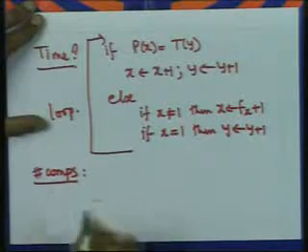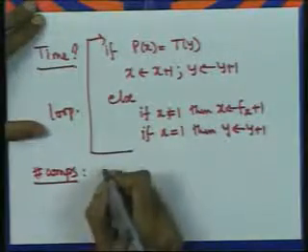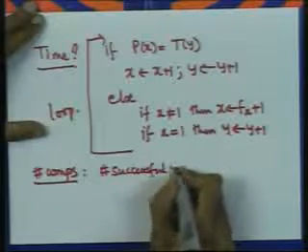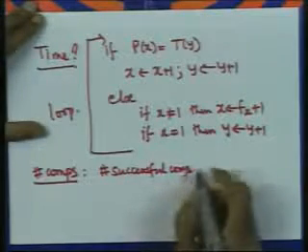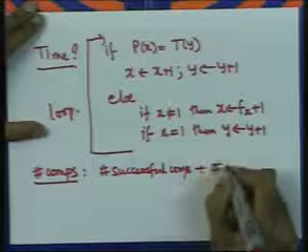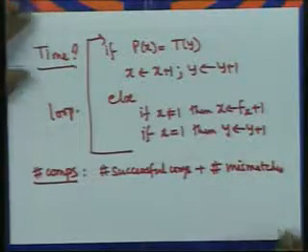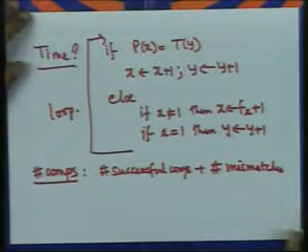Now the number of comparisons that I make totally is nothing but the number of successful comparisons, which is the number of matches, plus the number of mismatches.